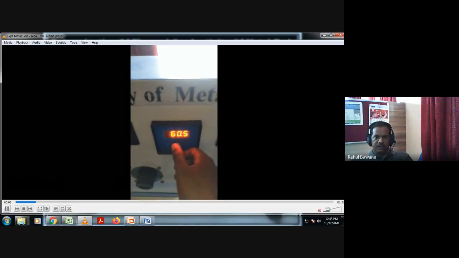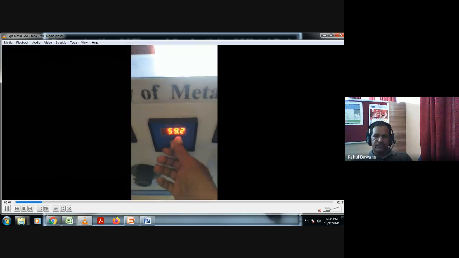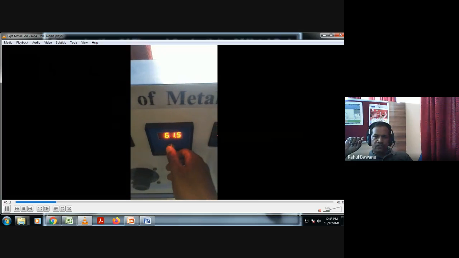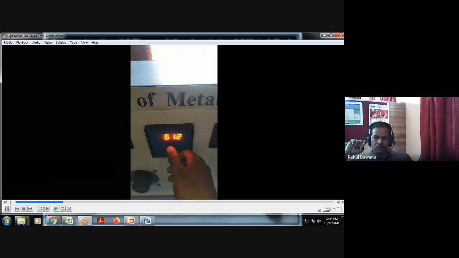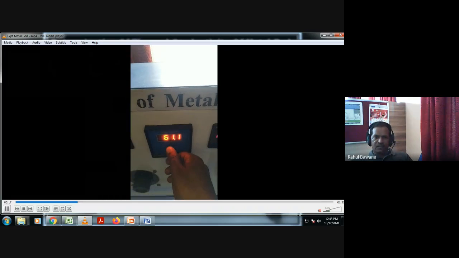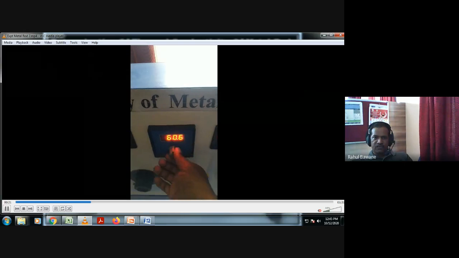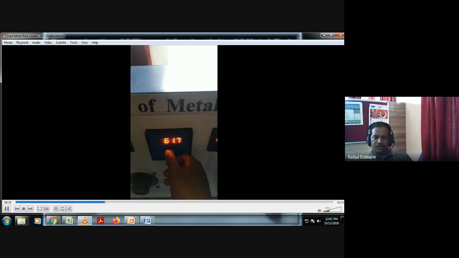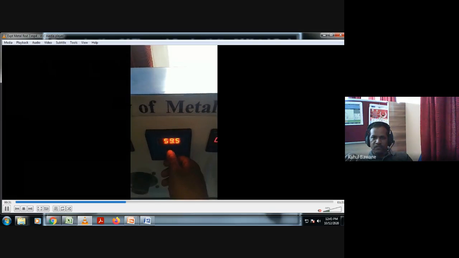So this is T1. Many times the reading is fluctuating and never gets steady. So when noting down, note down that particular reading which is repeatedly appearing, like 61.1. So it is repeatedly coming. For this particular position, it is not steady, so we will use T1 as 61.1, then T2.